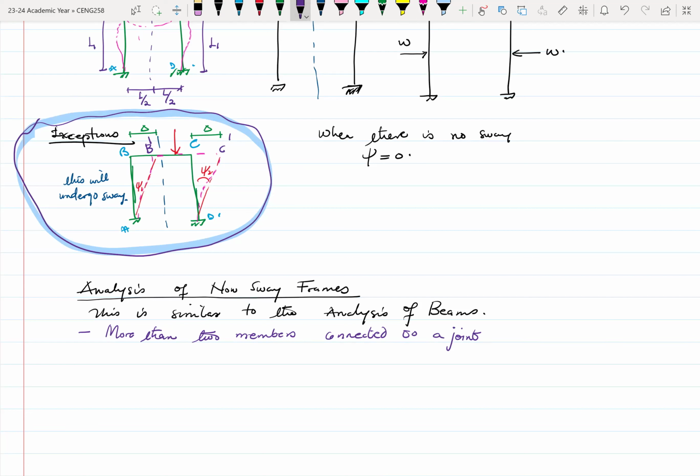Let's see if we can find an example to look at. There's an example in the Hibbeler, I think example 11.6.